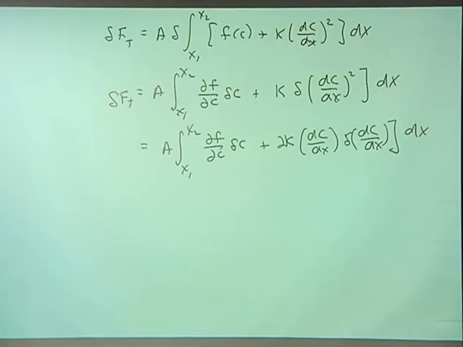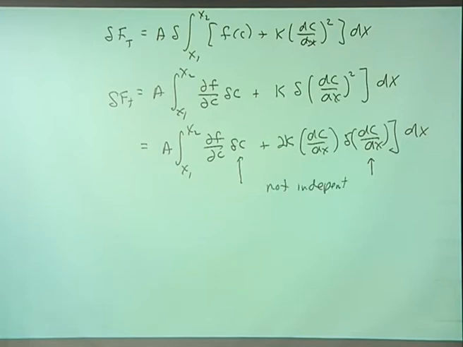Now think about what these two terms mean. You have the variation of the concentration, and the variation of the derivative of the concentration. So I can vary the concentration derivative and the concentration. But now that we're looking for c as a function of x, these two variations are not independent.